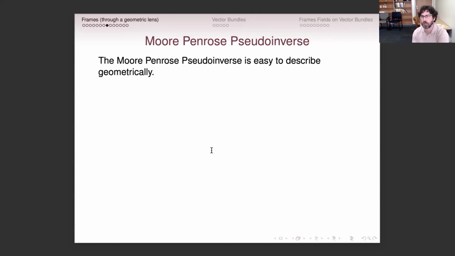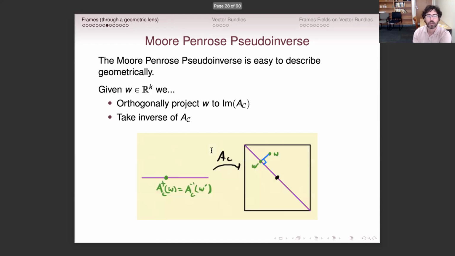So I want to talk a little bit about the Moore-Penrose pseudo-inverse because it's actually quite easy to describe geometrically. If you have a vector in R^k and you want to compute the Moore-Penrose pseudo-inverse of it, what you do is orthogonally project that vector onto the image of A. In this picture, the little purple guy is the image of some vector space over here. First I orthogonally project W onto the image.